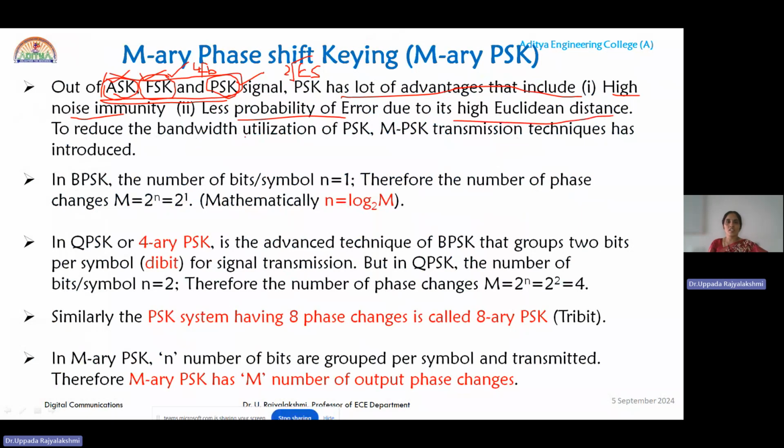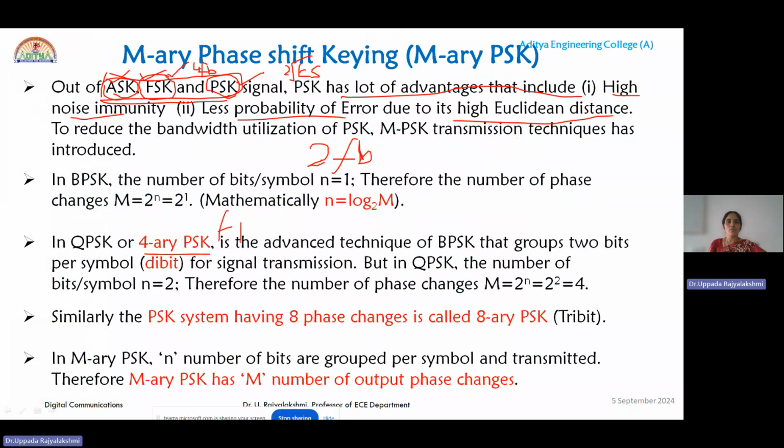Now, to overcome the bandwidth problem of PSK: in binary PSK, the bandwidth is 2 times that of FP. But in QPSK, we have seen that if you merge 2 bits per symbol, then its bandwidth is reduced to FP.